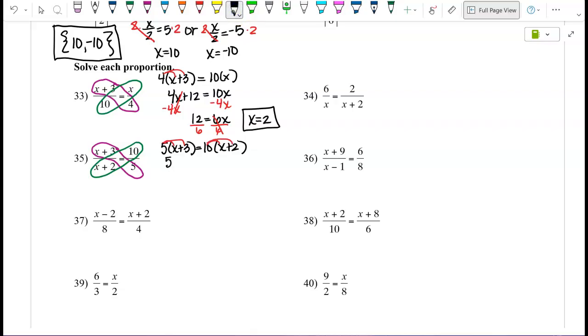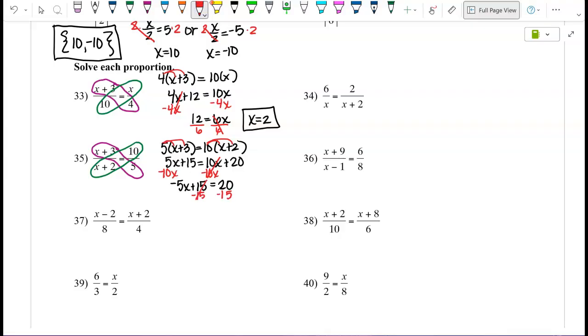So that is 5x plus 15 equals 10x plus 20. Now that I distributed, I need the variable on one side, so I'm going to subtract 10x from both sides. Negative 5x plus 15 equals 20.